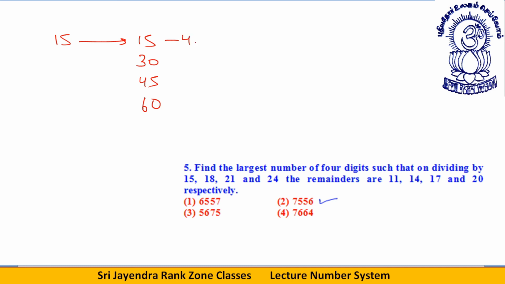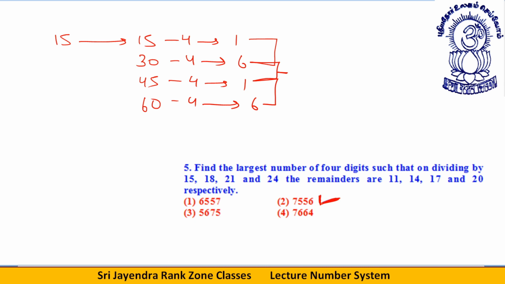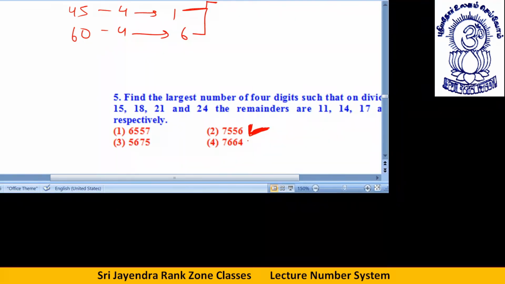And if from this you subtract 4, your unit digit will be 1, minus 4 it will be 6. Again minus 4 it will be 1, again minus 4 it will be 6. So your unit digit can be nothing else other than 1, 6, 1, 6. So in this question, your answer has to have unit digit 6. So easily done, quite easily demonstrated. Okay, dear students. Clear to everyone? Let's move to the next one.